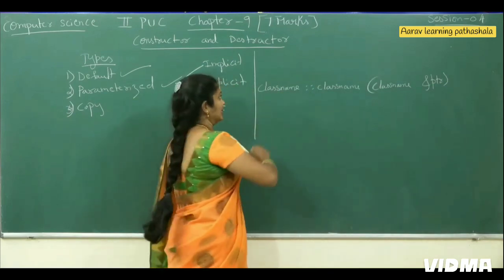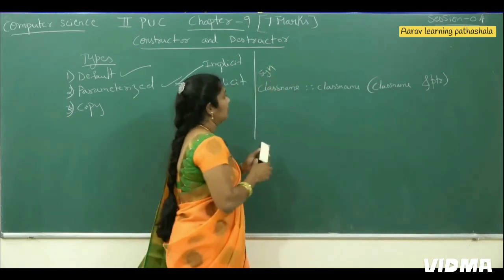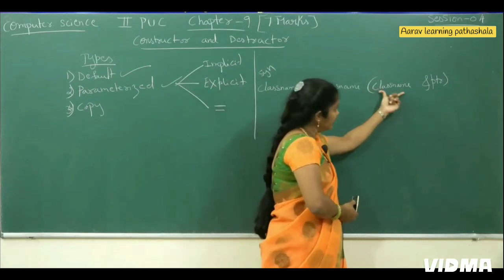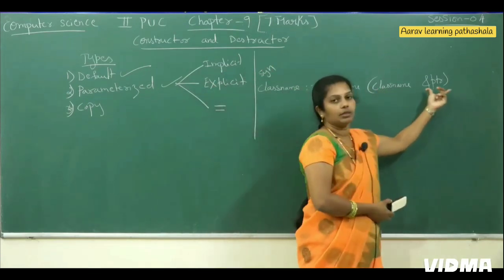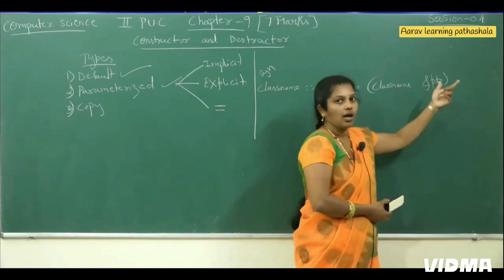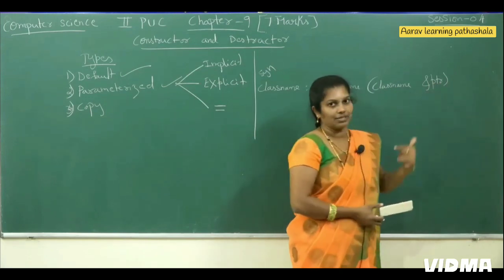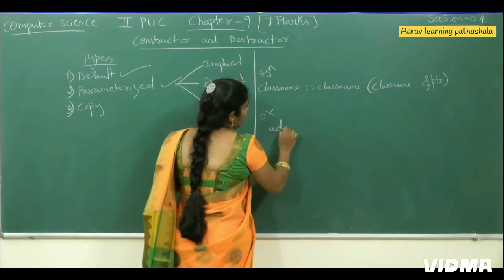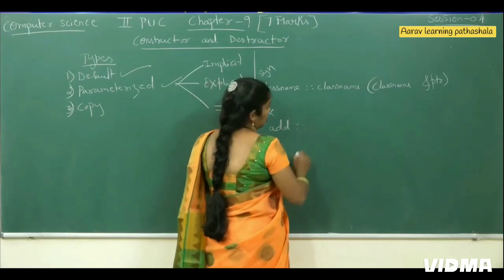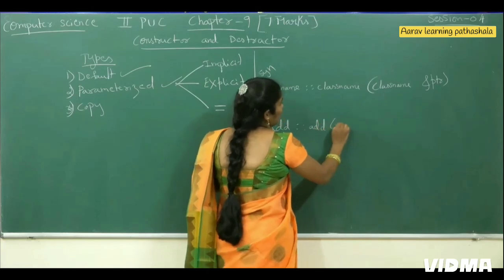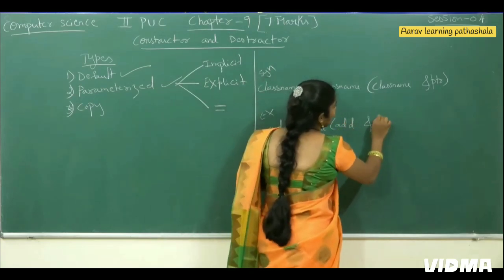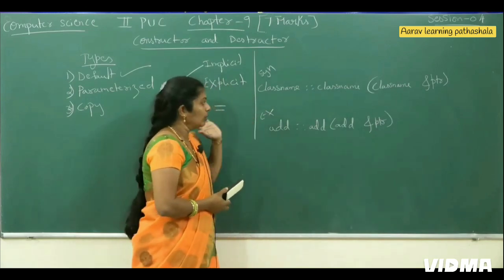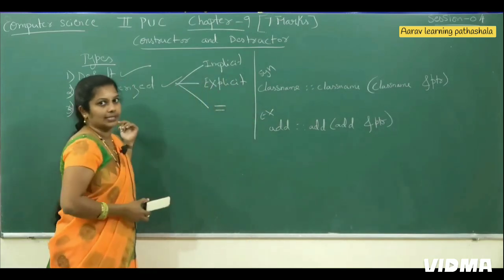Here ptr is a pointer variable. Ampersand refers to the address. For example, add is the class name, scope resolution operator, add, once again add, ampersand ptr. This is the example to perform this copy constructor.